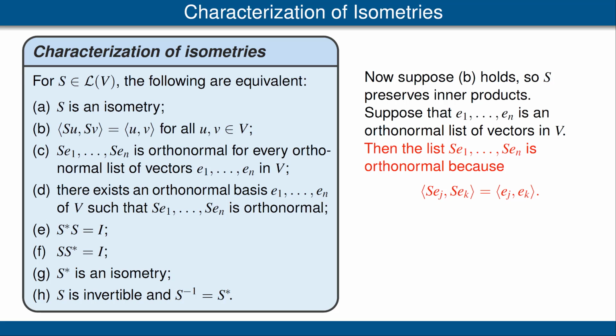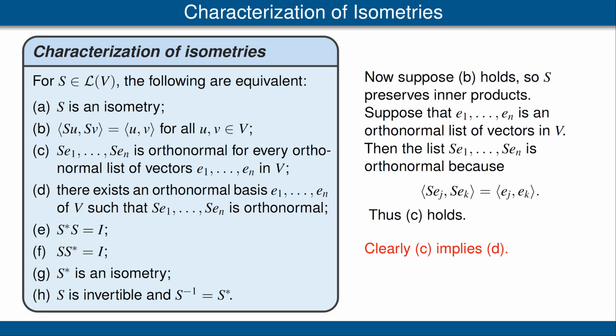By our hypothesis B, that's equal to Ej, inner product Ek. And because the E's are orthonormal, that's equal to 0 if j is not equal to k, and 1 if j equals k. In other words, the list S of E1 up to S of En is orthonormal. That proves C, and we have completed the proof that B implies C.